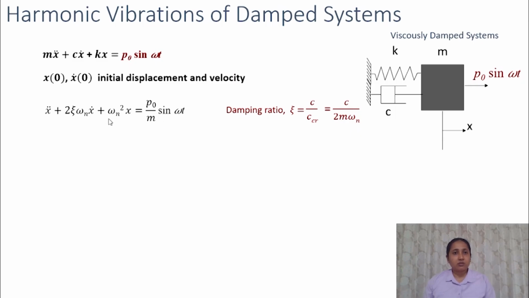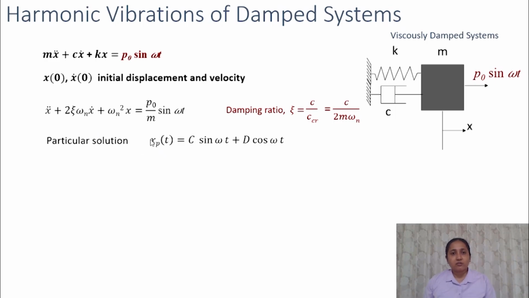So now we have this equation of motion and we have to find the solution of it. Here also the solution will consist of two parts, the complementary solution and the particular solution. The complementary solution will be equal to the homogeneous solution, that is the solution to free vibrations. So now we will find the particular solution.